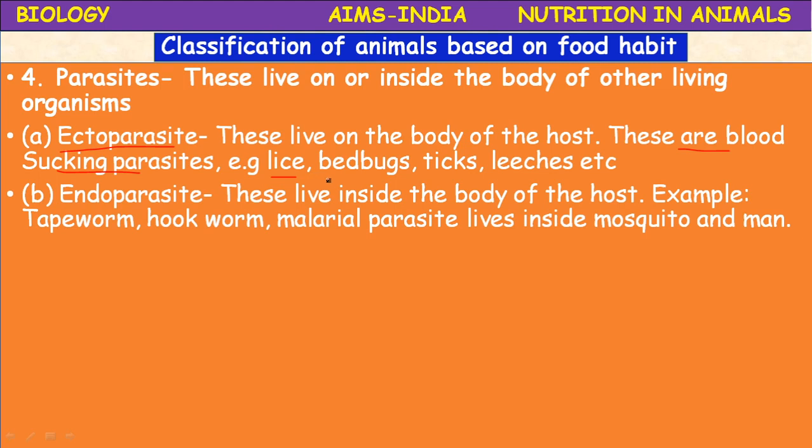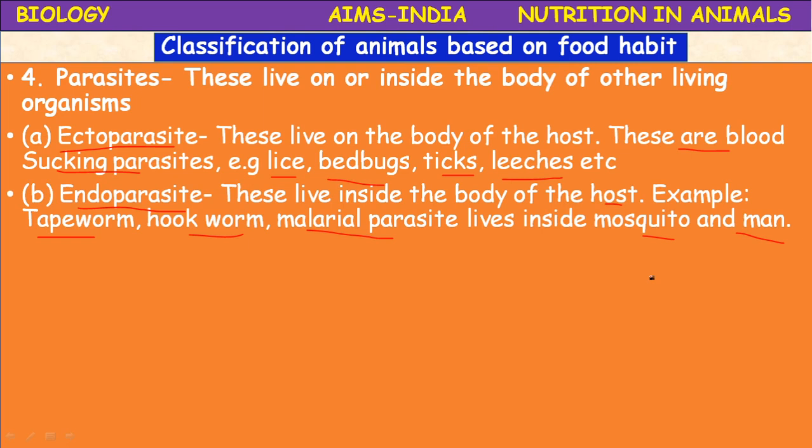Examples: lice, bedbugs, ticks, leeches, etc. And endoparasites means these parasites live inside the body of the host. Examples: tapeworm, hookworm, and the Plasmodium, a malarial parasite which lives inside the mosquito and man. They are endoparasites. Helminth parasites.